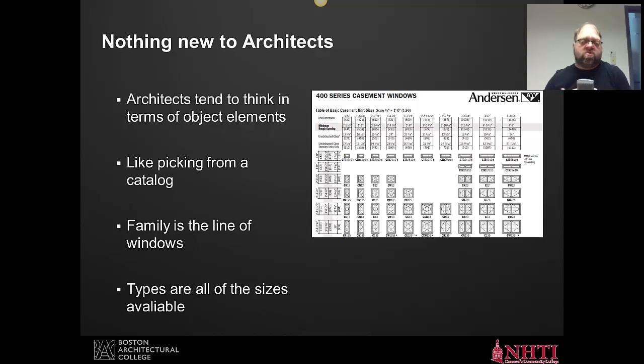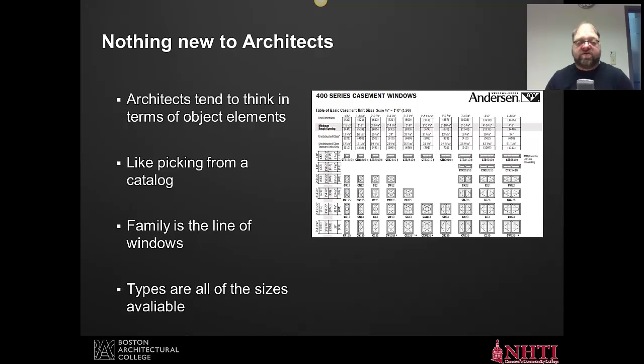This whole concept of using objects is really not that new a concept to the design field in general, or new to architects, right? When you think of your design, you think of objects. In the past, we were forced to represent those objects with lines so we could communicate them to people. When you're working with Revit, you can still think in this object mindset, and it's like we're picking from a catalog.